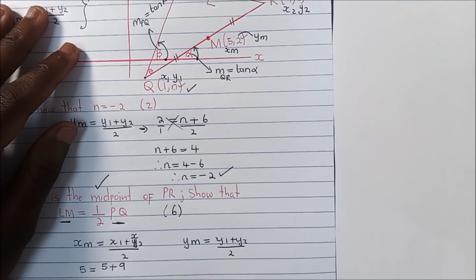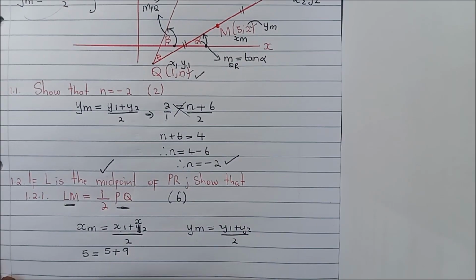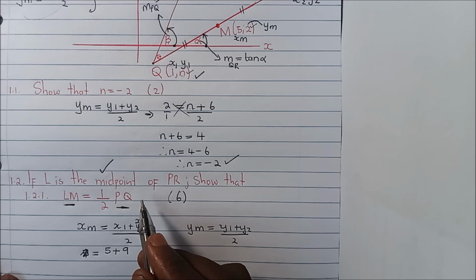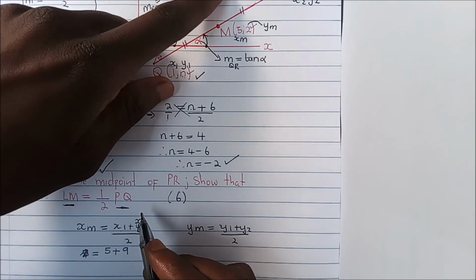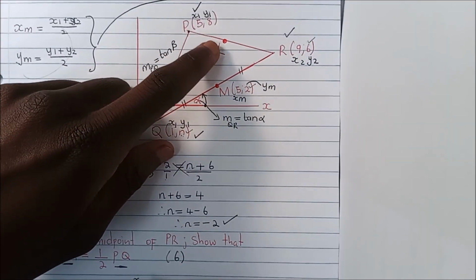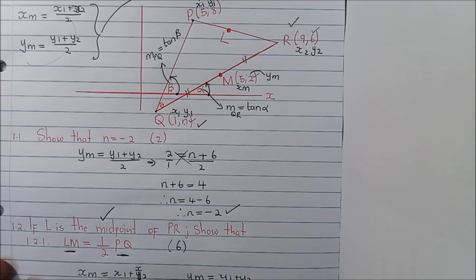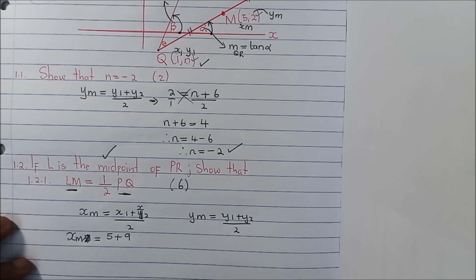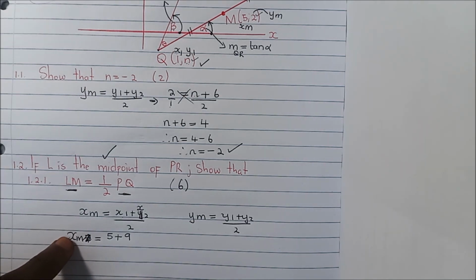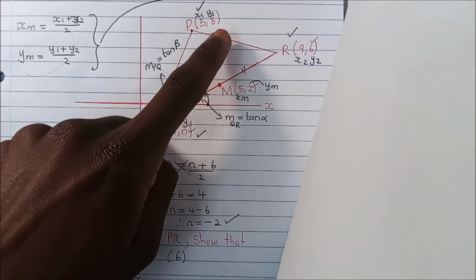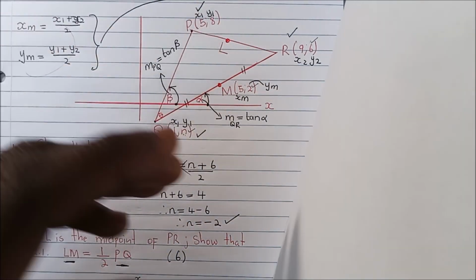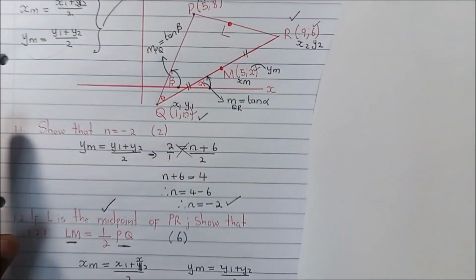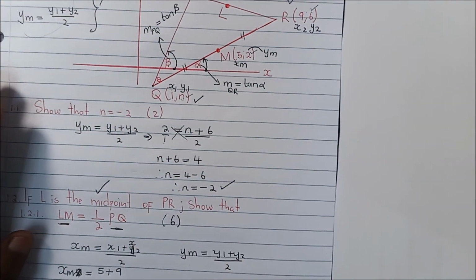Oh, sorry, I made a mistake here by saying 5. Remember, because it's xm, the x value of the midpoint is the coordinate of L, and we don't have it, so we just put xm. Simply because we don't have the x value of the midpoint of PR, we substitute xm.